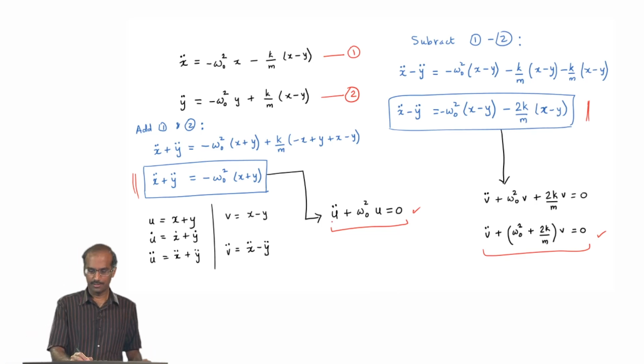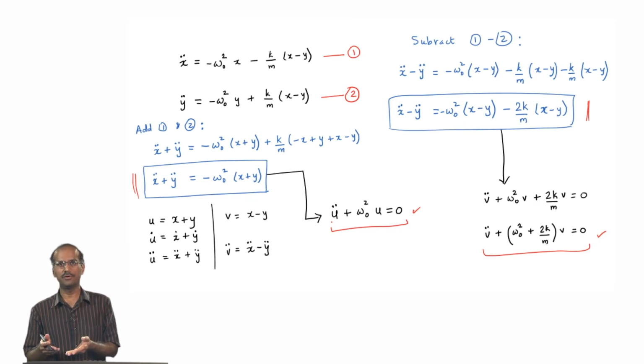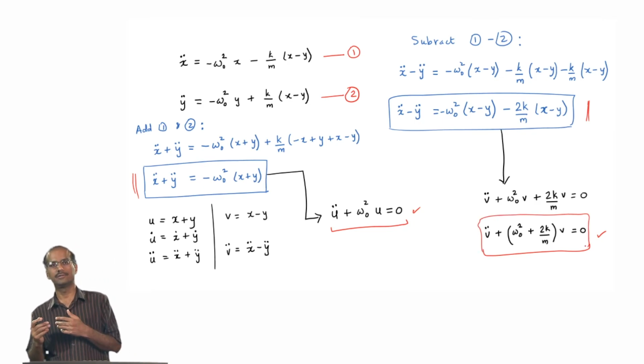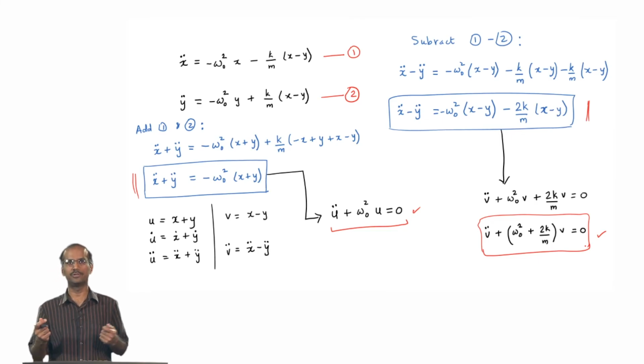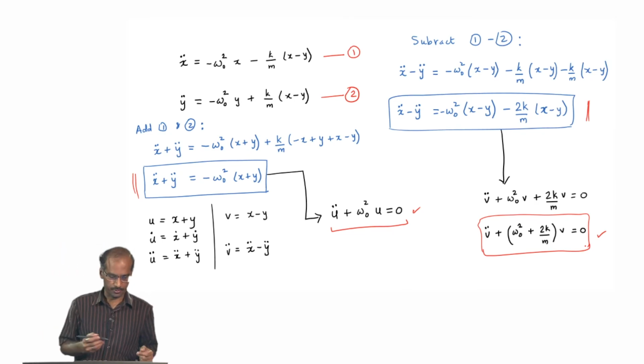You see that the equation for u depends only on u, v does not enter the picture here, and similarly the equation for v depends only on v and does not involve u. So, we seem to have magically uncoupled the two oscillators, and what was our formula for doing that?